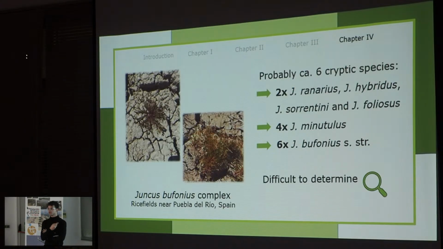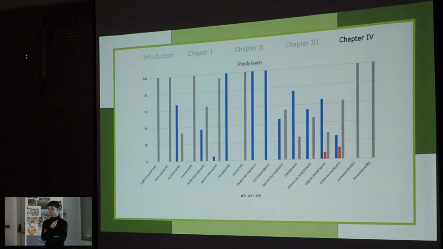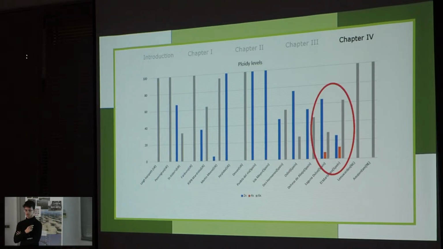So we collected samples along Europe of this complex of species, and the first thing we did was to measure the ploidy level of all the samples. As preliminary results, what caught our attention in this table is that in the natural habitats in Spain, from Doñana, Laguna Dulce and El Martinazo, the 3 ploidy levels are mixed in the same populations.